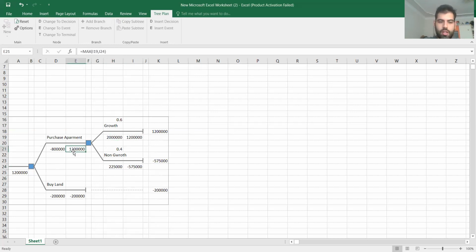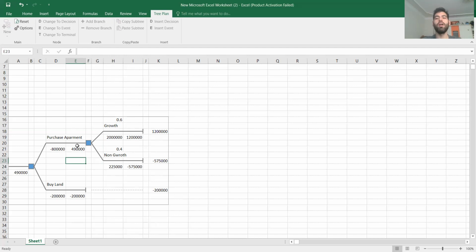And we also have a calculation here: $2 million multiplied by 60%, plus 0.4 multiplied by 800, and it comes to $490,000 for us. And on that branch, the cost is minus $575,000 if you purchase an apartment.